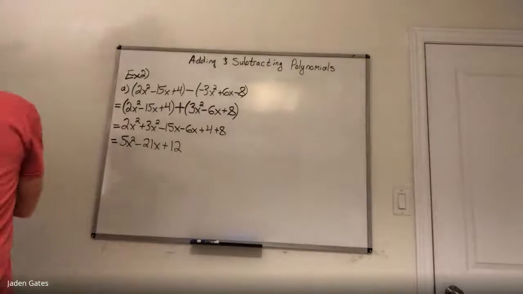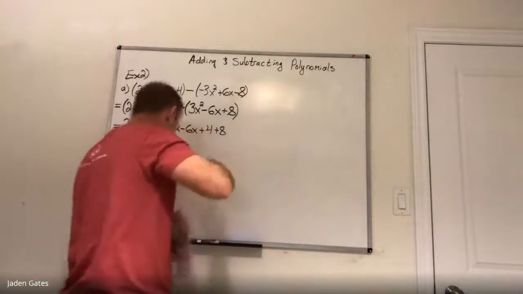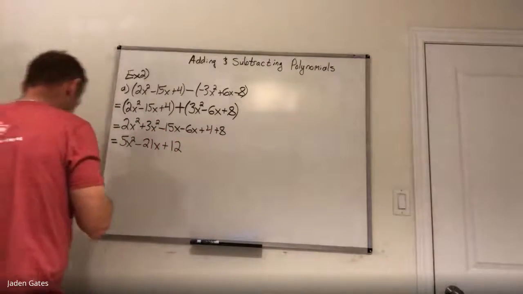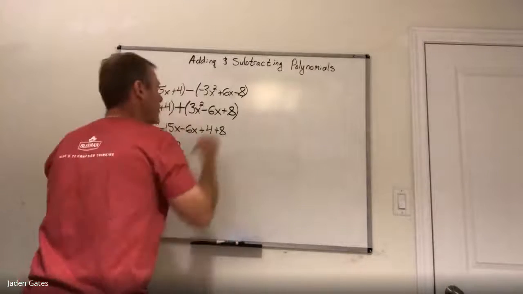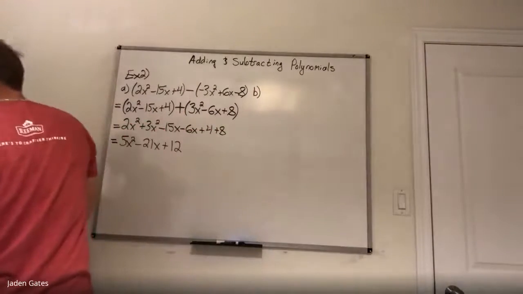So I'm going to do one more of those. All right, so let's go with B. Let's try a different color. All right, so B, I've got 3 polynomials involved.